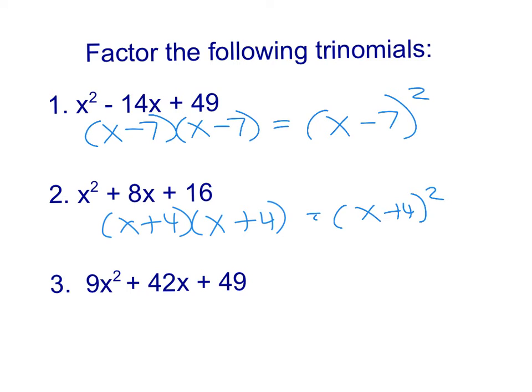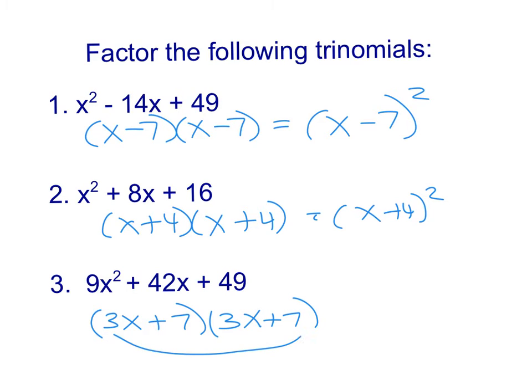And since these are all perfect squares, my guess is it's going to be (3x + 7) times (3x + 7), because this gives us 21, and 21, and 21 gives us 42.